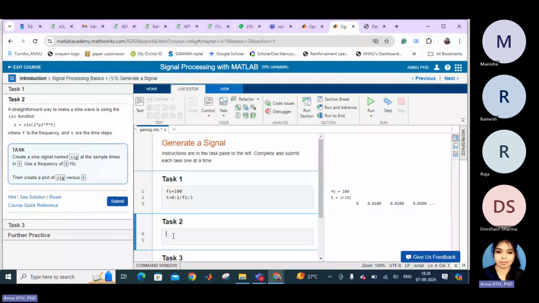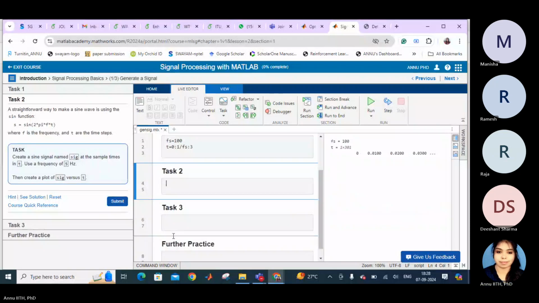Suppose let's create sig equals sine 2 into pi into f, the frequency, which is given, and the t timestamps we have already generated with the interval of 1 by fs.